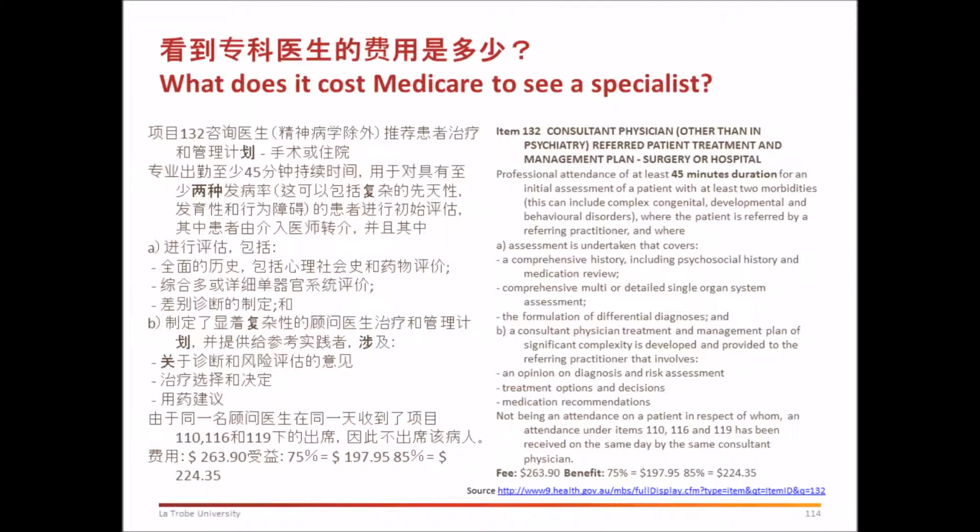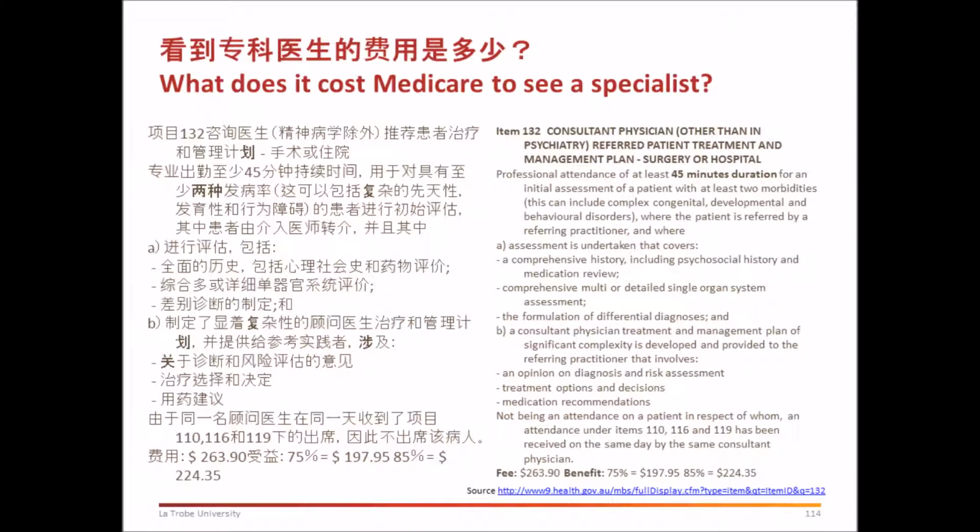And the common thing that's asked is, what does it cost to see a specialist? Well, this really depends on which type of specialist you see. I included here an example, item 132, for a consultant physician other than a psychiatrist. The first time you would go to see them, the Medicare schedule fee is $263.90.